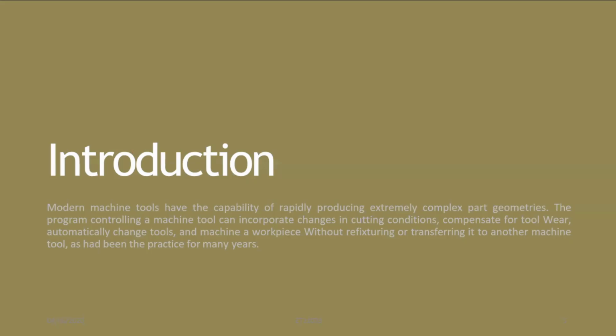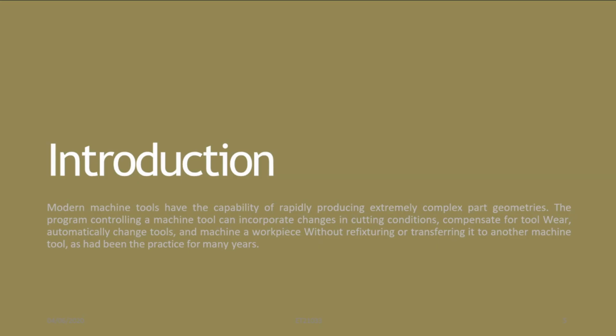The modern machine tool has the capability of rapidly producing extremely complex part geometries. The program controlling a machine tool can incorporate changes in cutting condition and compensate for tool wear, automatically change tools and machine a workpiece without refixturing or transferring it to another machine tool, as had been the practice for many years.